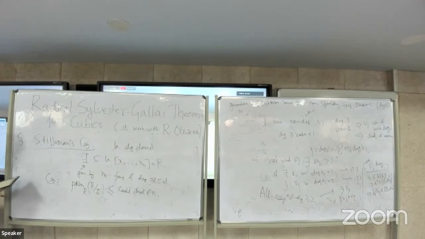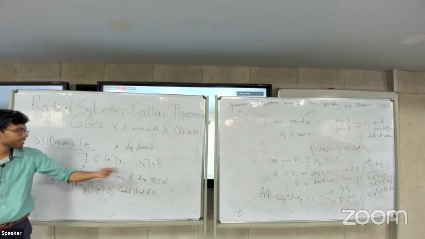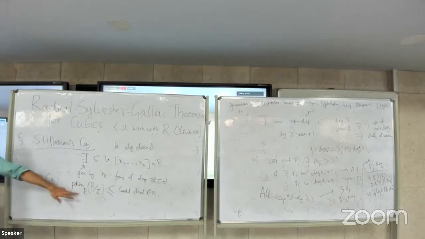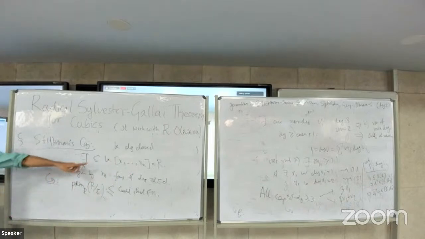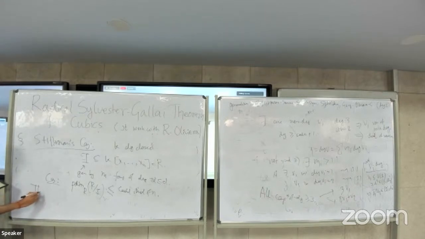So what Stillman's conjecture was is that you take an ideal generated by m forms of degree at most d, you can bound its projective dimension independent of the number of variables in the polynomial ring and also independent of the field. That was a conjecture, and this was first proved by Ananyan and Hochster. Theorem, and there have been many subsequent proofs.